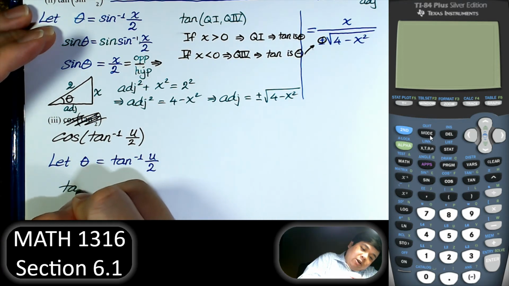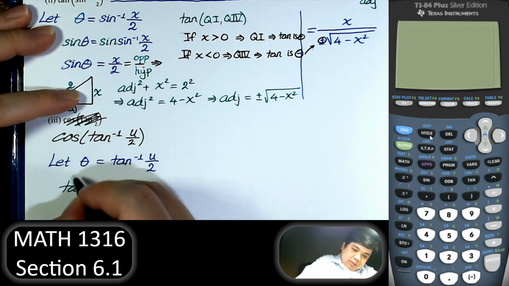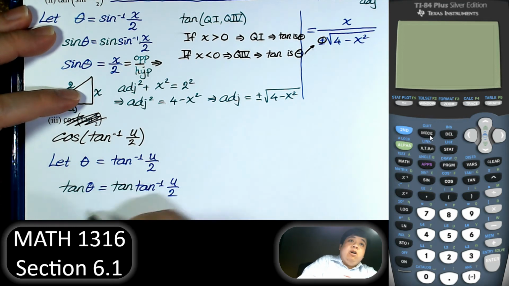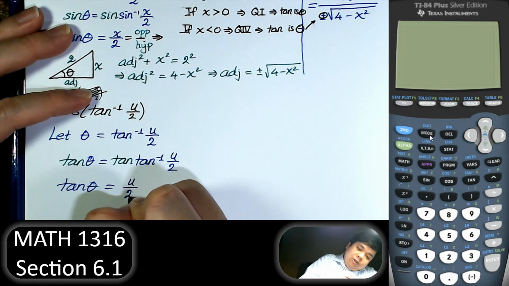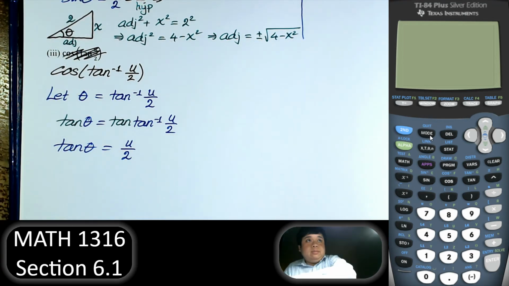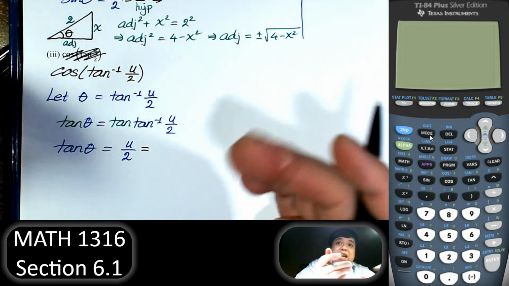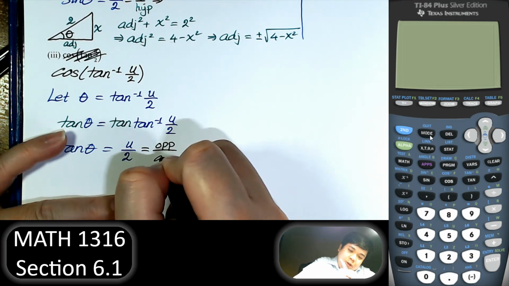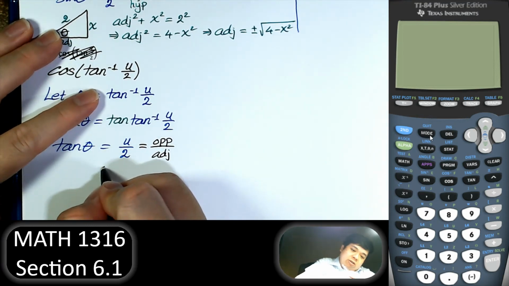And then I can take the tangent on both sides. The function cancels the inverse. So I have tangent equal to u over 2. Now, tangent is a ratio. Since this one doesn't have x or y, we can use x, y, and r, but you can also use opposite over adjacent. And then we draw the triangle.